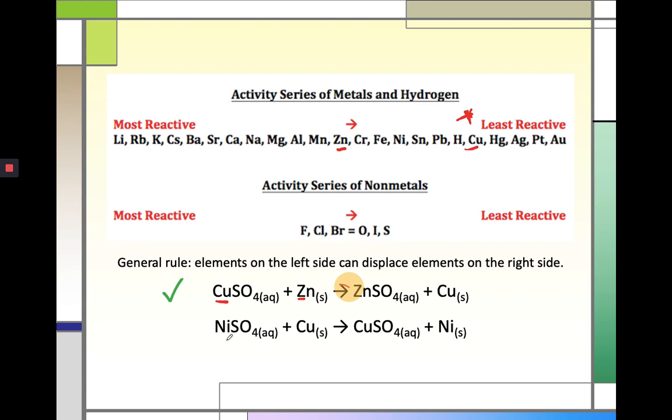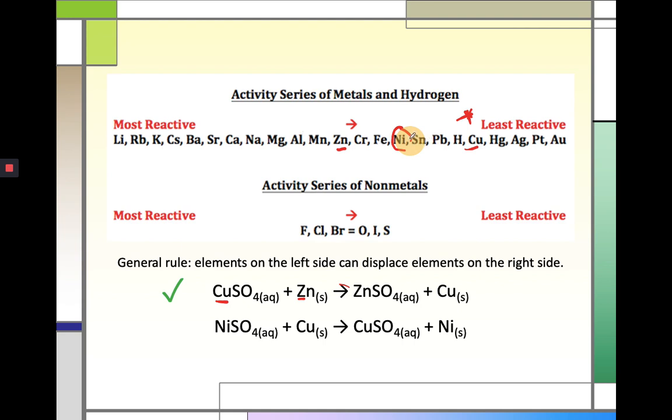Now, what if you have nickel and copper? Between nickel and copper, will copper be able to displace nickel? Take note that Ni is your reference here. You just have to look at whether, for Ni to be displaced, the free atom must be before Ni.